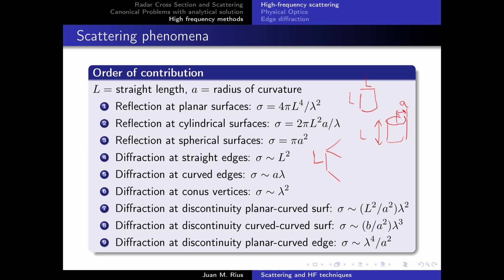So in the next class we will be completely dedicated to physical optics, and with this we will account for the three most important effects. And in the last class, we will account for edge diffraction, that will be effects 4 and 5.